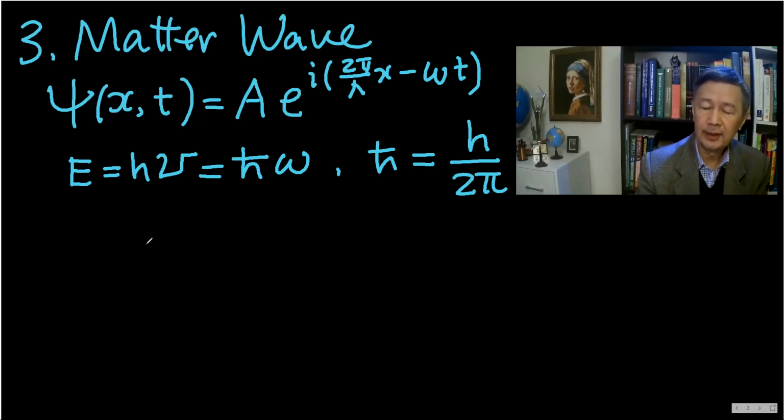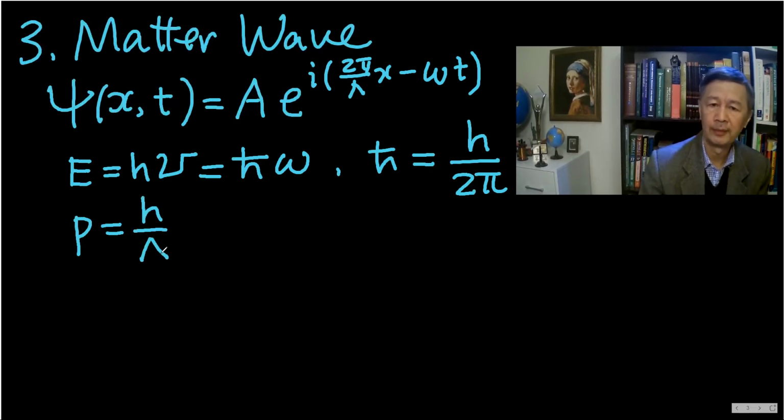On the other hand, if we use de Broglie's formula to describe the momentum, then we have h over lambda. Okay, we have the 2 pi over lambda here. So what can we do?